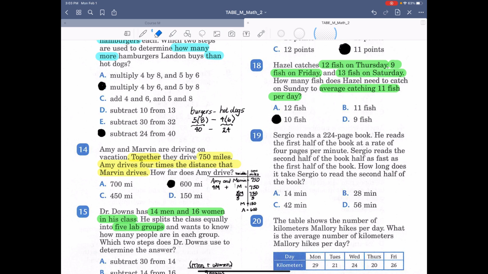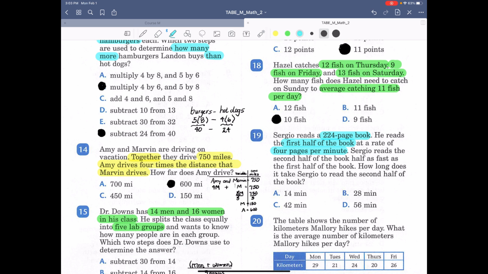Number 19. Sergio reads a 224-page book. So that's the whole book. He reads the first half of the book at a rate of 4 pages per minute.